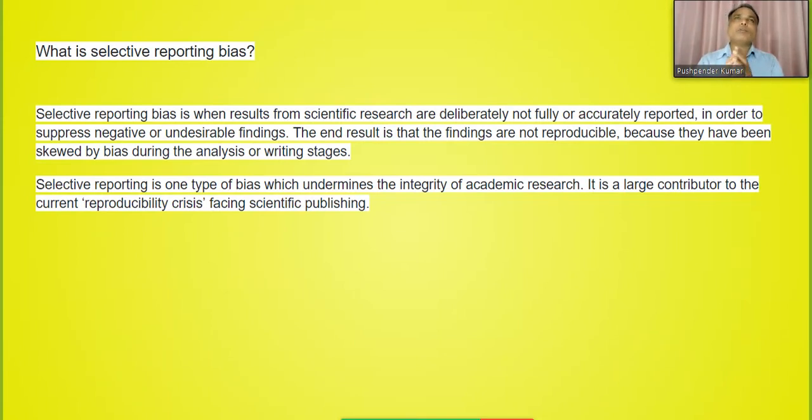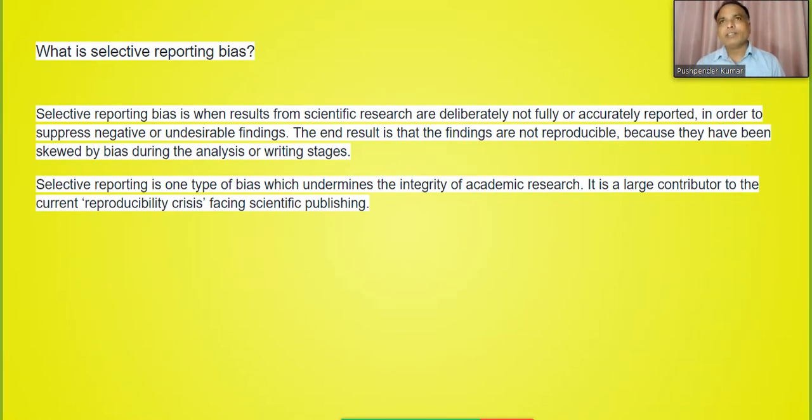You study a particular phenomenon, a particular community, and what happens in that community may be odd or may be against our culture, may not fit our culture. So you don't want to disclose that, you don't want to give this information. The end result is that the findings are not reproducible because they have been skewed by bias during the analysis or writing stages.